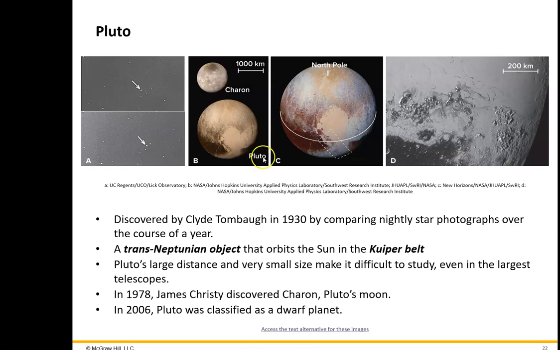If you time that, you can figure out approximately the diameter of Charon, and also the diameter of Pluto, just by timing that information and knowing how fast Charon moves around Pluto.